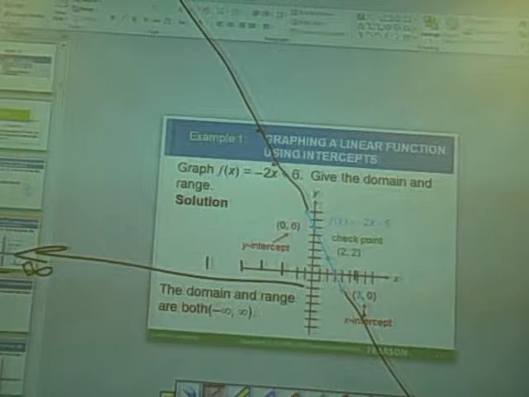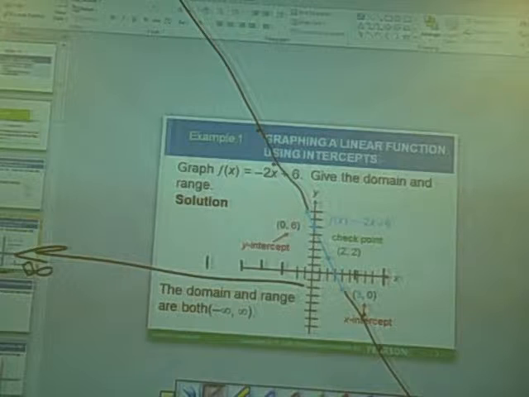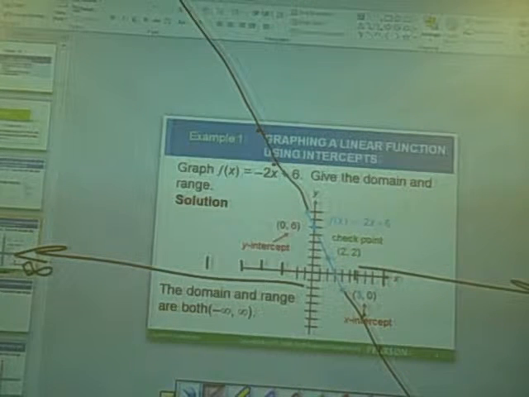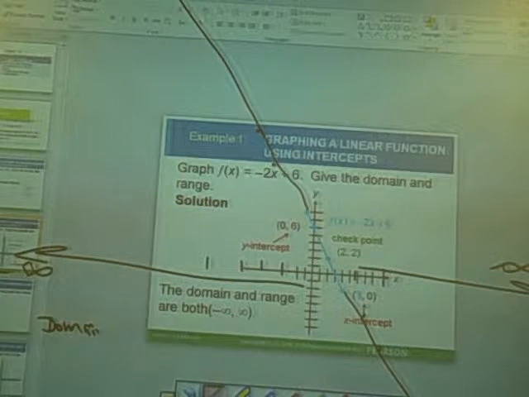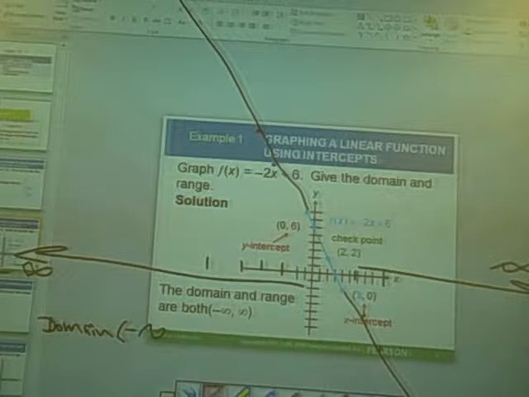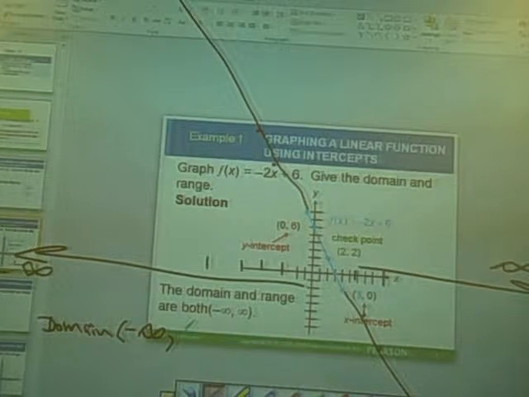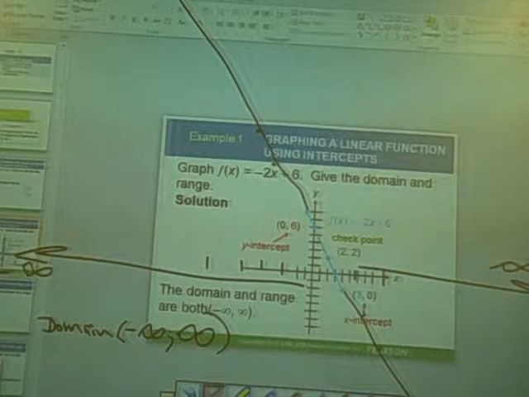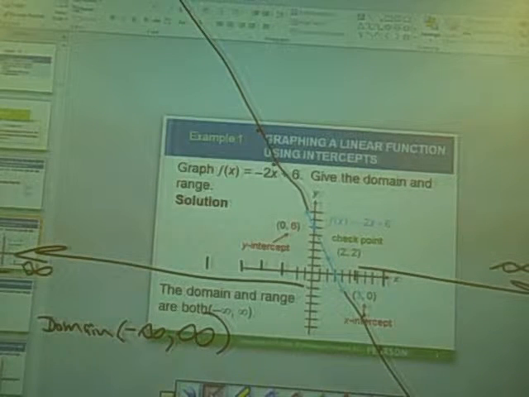Here's x. And so x would continue to infinity in the positive direction. And so that's why our domain is negative infinity to infinity, or infinity in the negative direction to infinity in the positive direction.